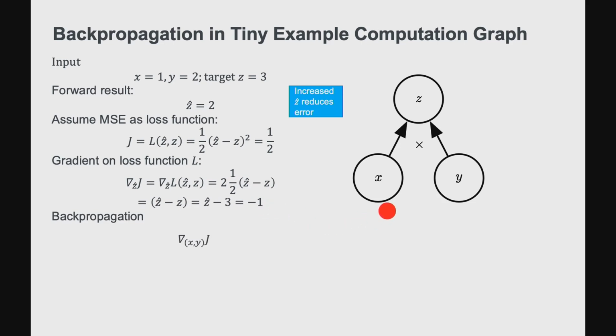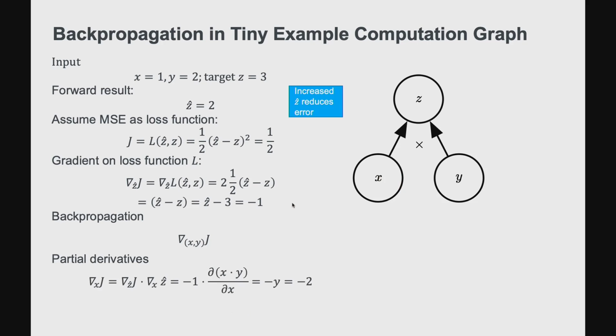Now, let's assume we want to change both of these parameters. I mean, you have to look at what parameter you want to change, but let's say these were both parameters. Then you would compute the gradient in this direction. If only y is the parameter and x is the input, then of course you would only take the gradient in the direction of y.